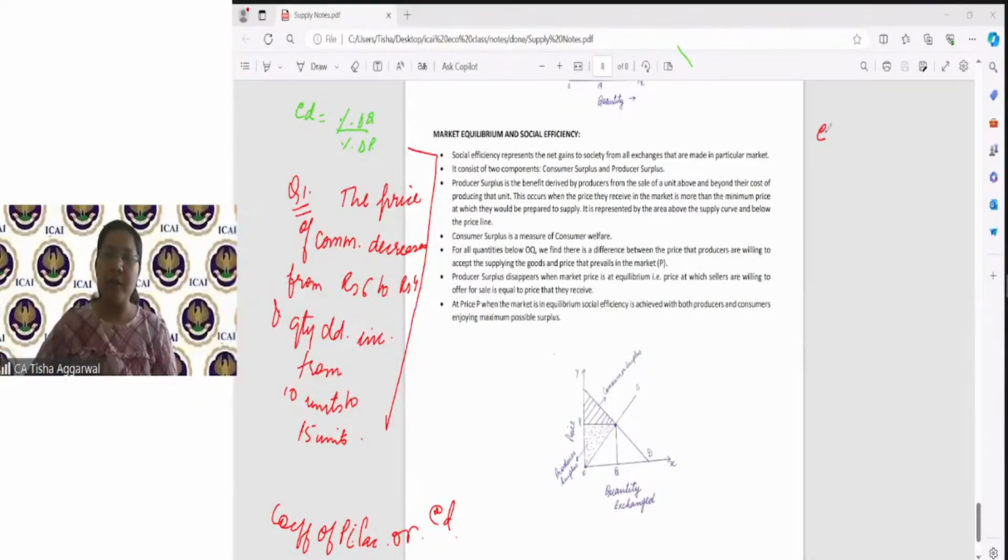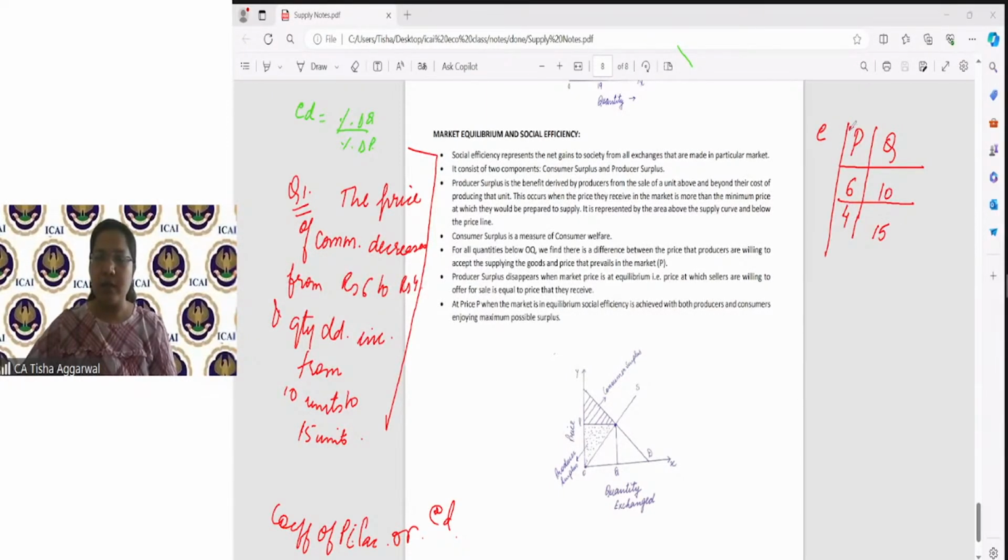So I know the formula. Before that, what I will always do is draw a table like this: price, quantity. Initially the price decreases from rupees 6 to 4 and the quantity increases from 10 to 15. Clear? First you need to make this table.